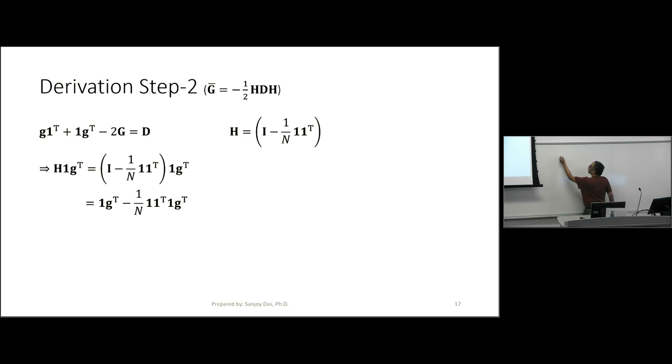What is 1 transpose 1? We'll take a 3 by 3 example. So 1 transpose is 1, 1, 1, and 1 is, what do I get? 3, right? That's because I have 3 ones here. If I have n ones, then I'll get n here.